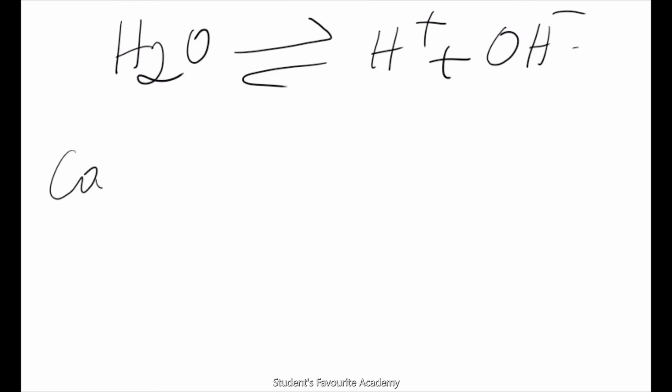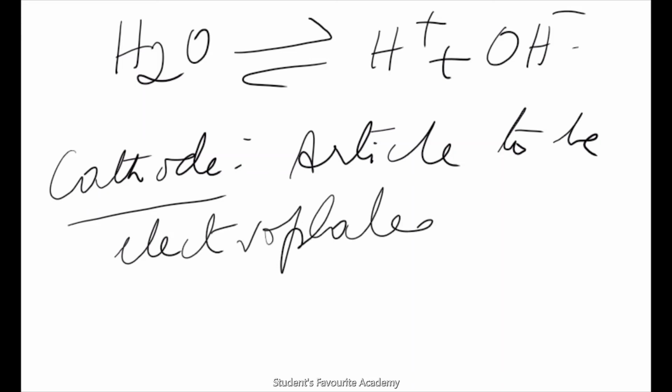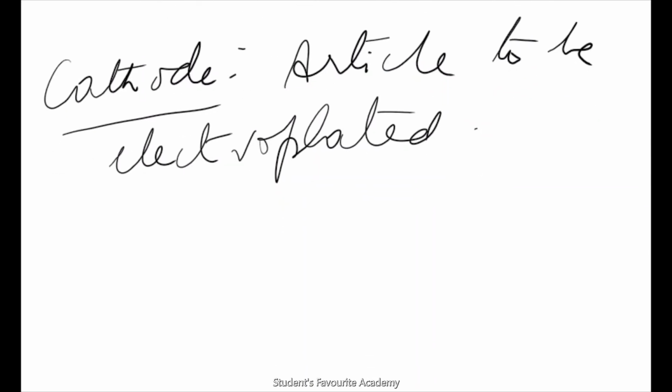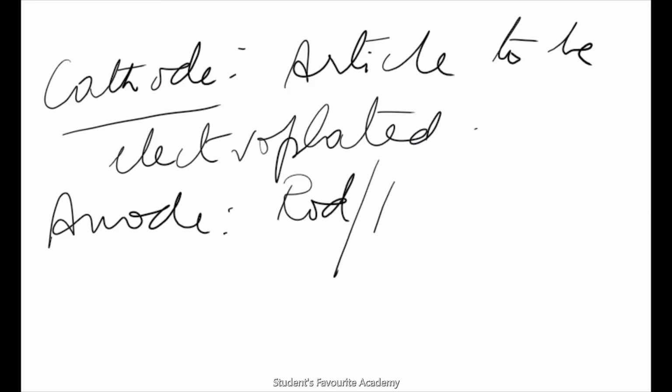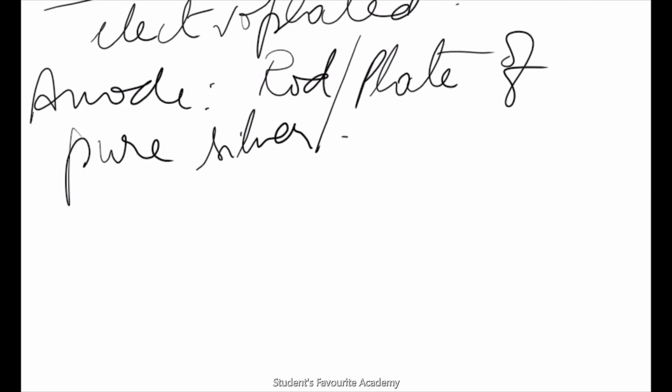So the cathode is the article to be electroplated. The anode is a rod or plate of pure silver.